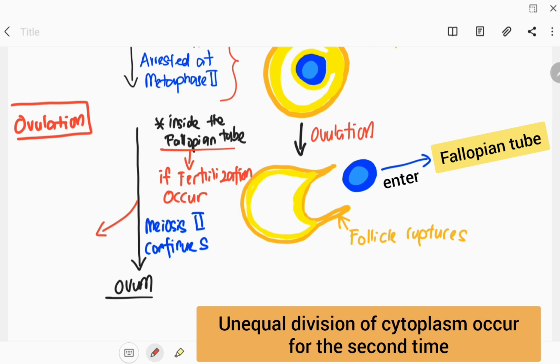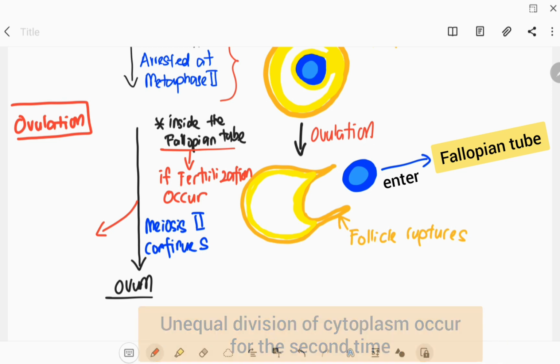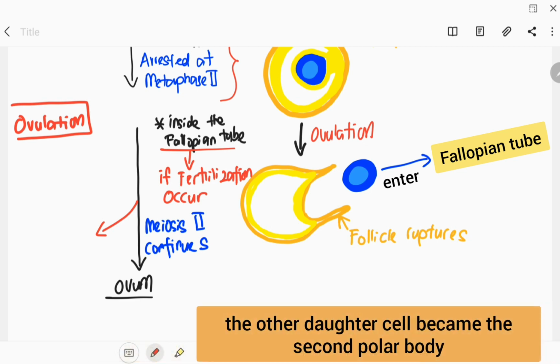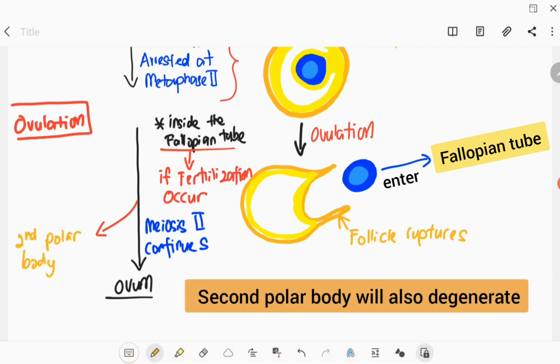So hasilnya only one of the daughter cells akan dapat most of the cytoplasm and this particular daughter cell is known as ovum. So the other daughter cell yang tak dapat banyak cytoplasm tu akan become the second polar body. Similar to the first polar body, the second polar body pun will eventually degenerate.